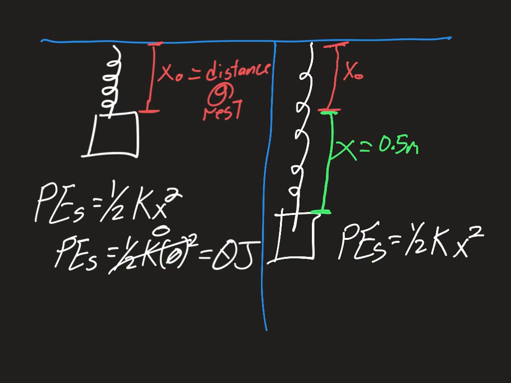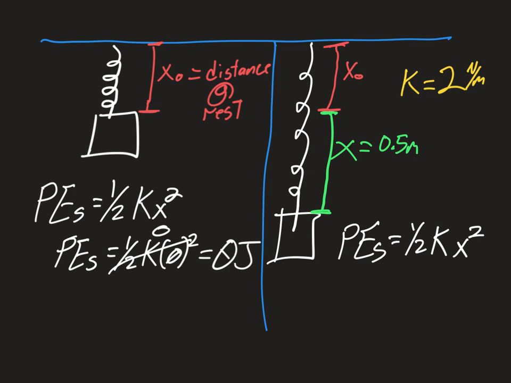Let's say we laboratory tested and found out that K for this spring is equal to, let's say, 2, okay? Our units for that are newtons per meter. So let's say it had a K value of 2 newtons per meter.